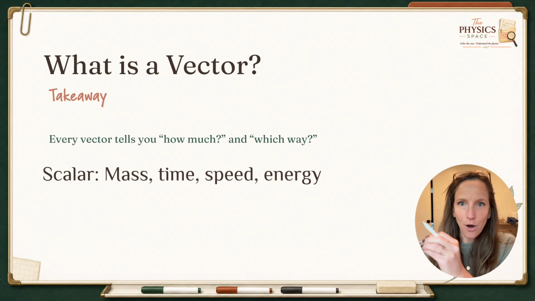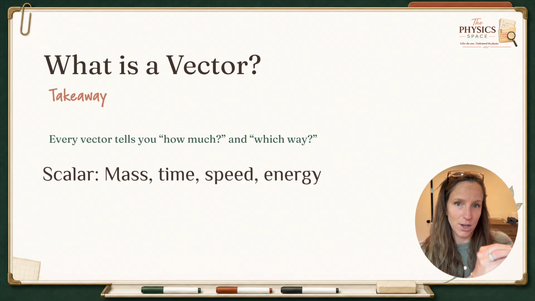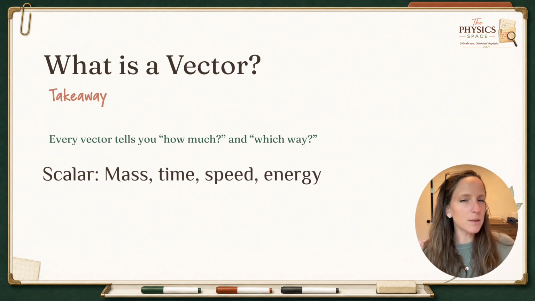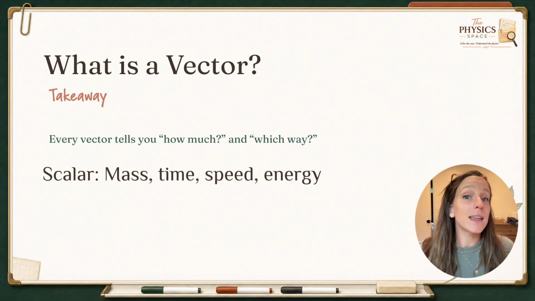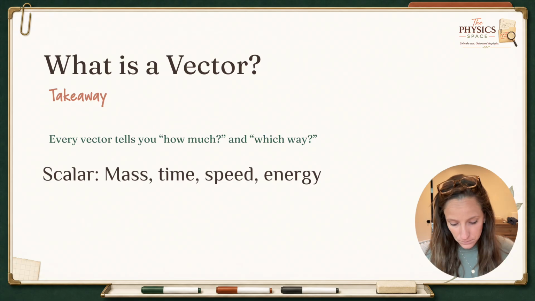But how fast plus direction is velocity. If we're talking about just how fast, that's the magnitude of velocity, or speed. Again, something we'll get into later. Another scalar quantity is energy. If we're talking about kinetic energy, 10 joules of kinetic energy does not have a direction to it. It is magnitude only.